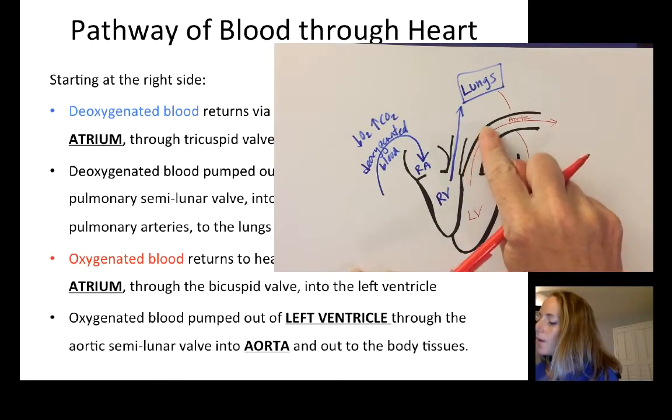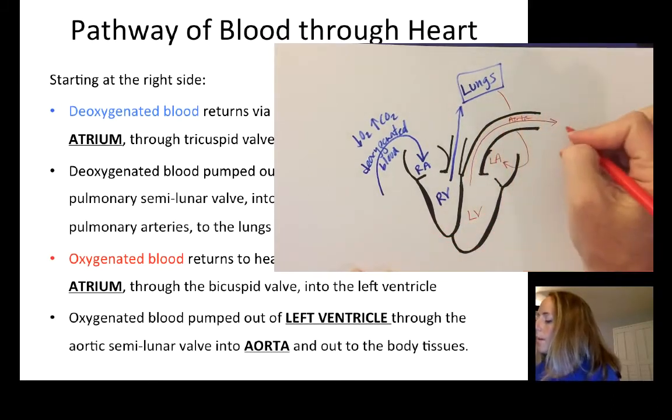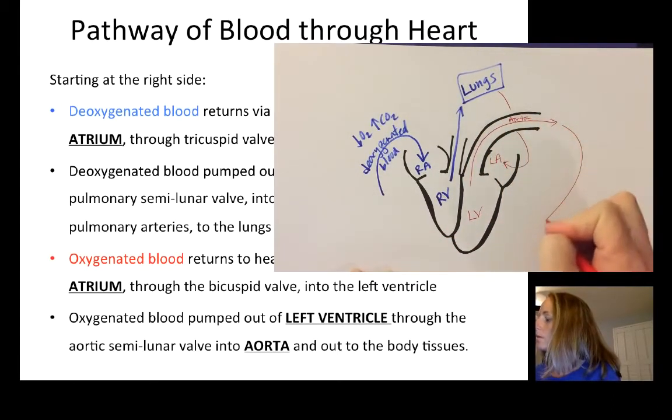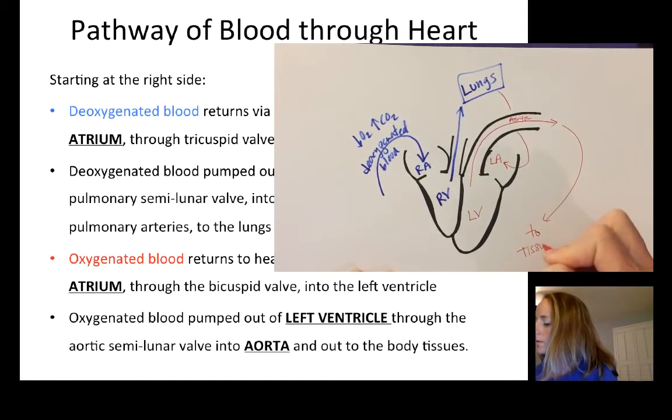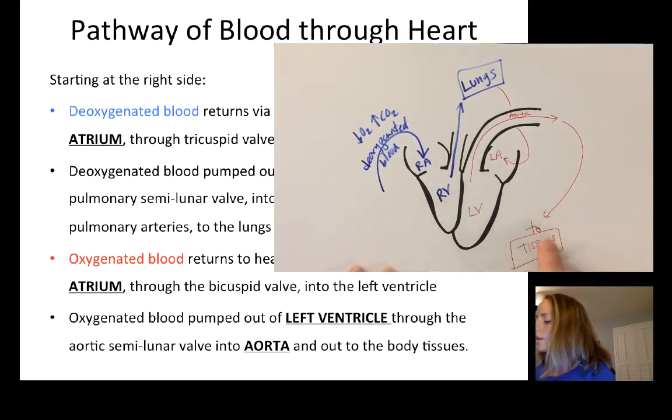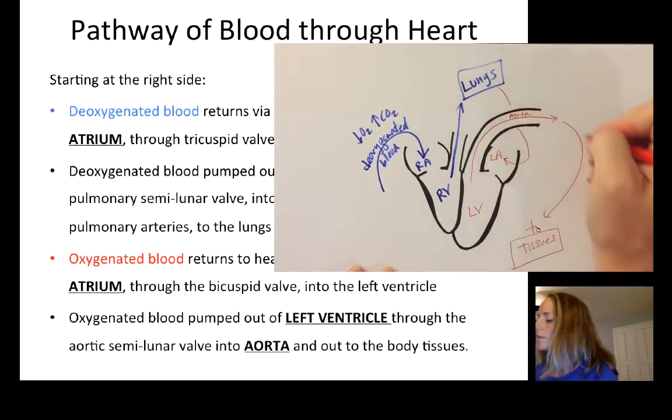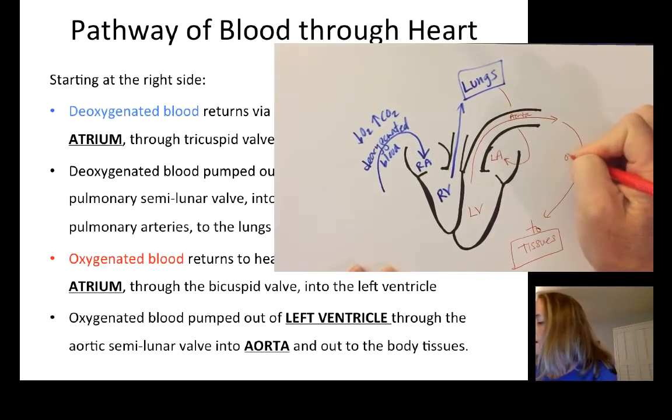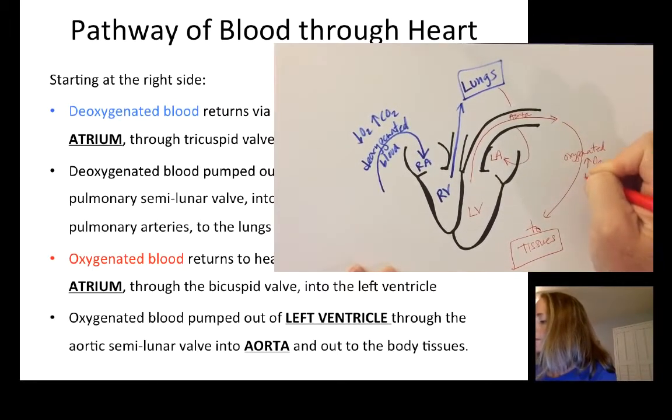So from the aorta, the blood is going to be pumped out and go to the body or the tissues. The tissues are then going to use the oxygen, so this blood is going to be oxygenated, which is going to be high oxygen and low carbon dioxide.